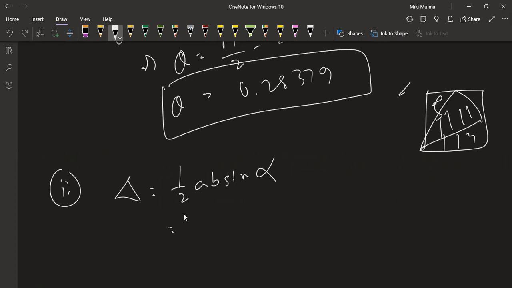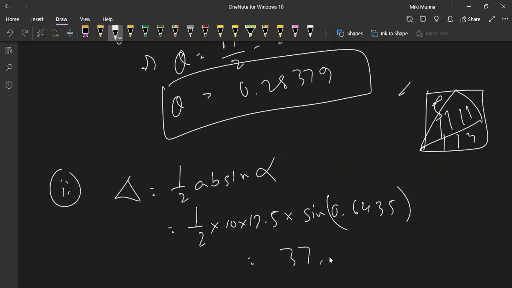We have already found our alpha, which is 0.6435. So half times AB means 0.5 times 10 times 12.5 times sine 0.6435, which gives us a value of 37.4999.